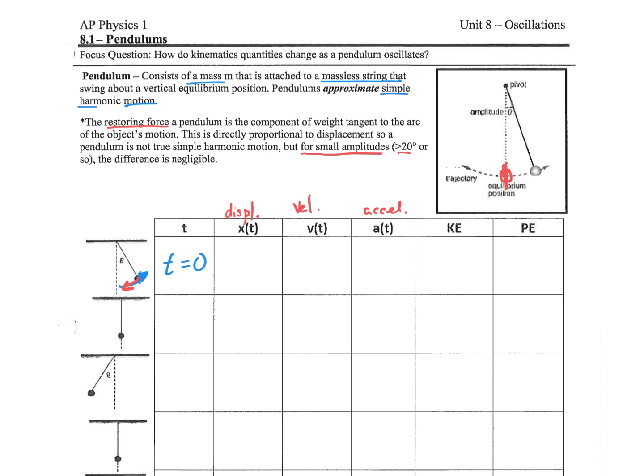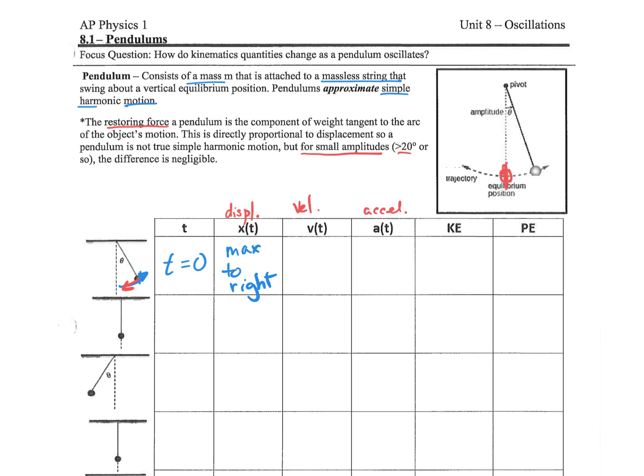So where is it displaced to? In this one, we've pulled it all the way back to the right, haven't we? So it is at its max displacement to the right. Does everybody understand that? It is maximum to the right. If I were to take this pendulum and pull it back, this is what I've done.